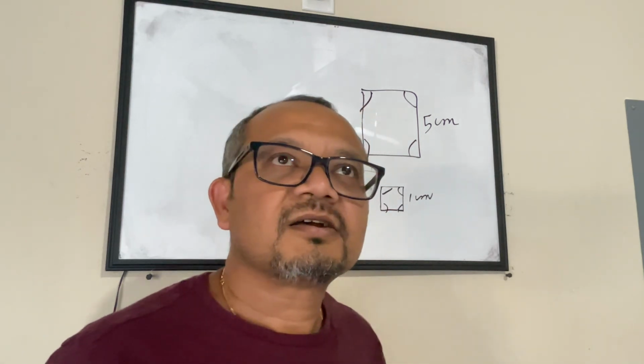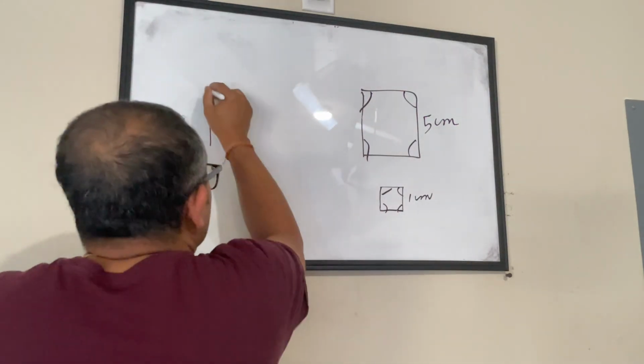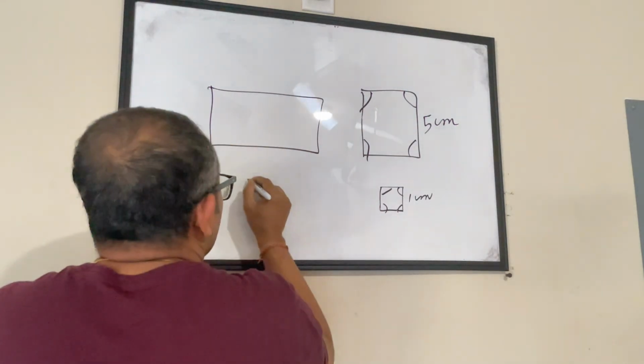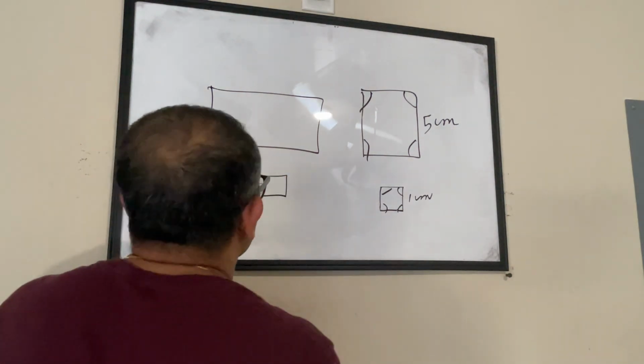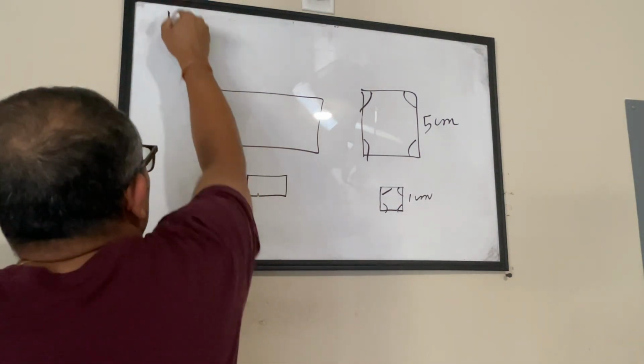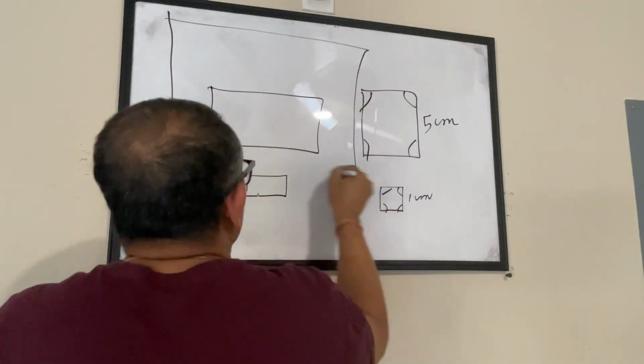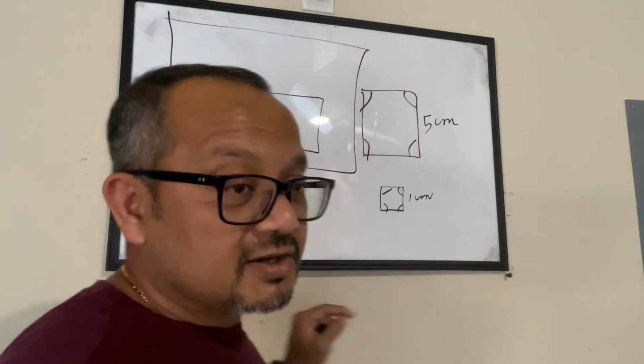Yes, Vivan. Any two different squares will be similar. But that will not be a generic statement. This rectangle and this rectangle versus this rectangle may not be similar.